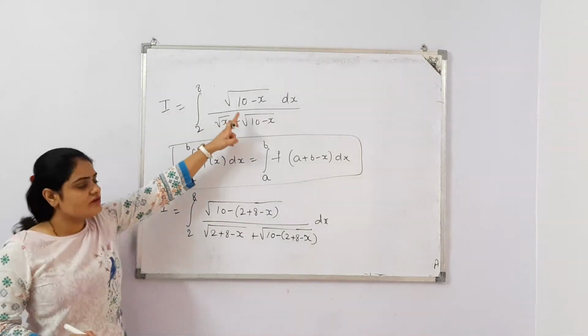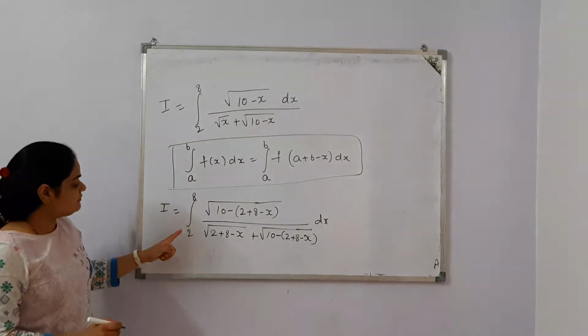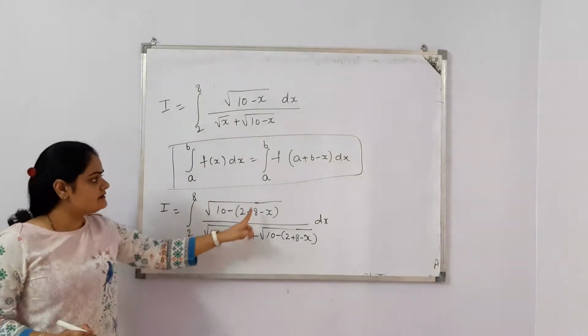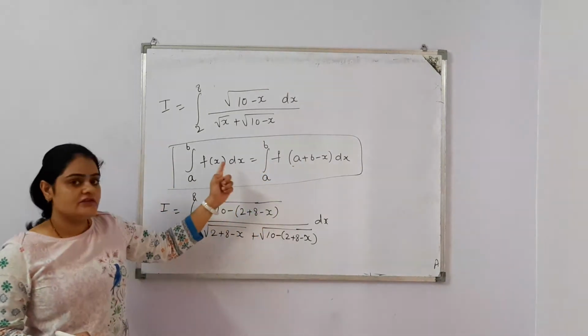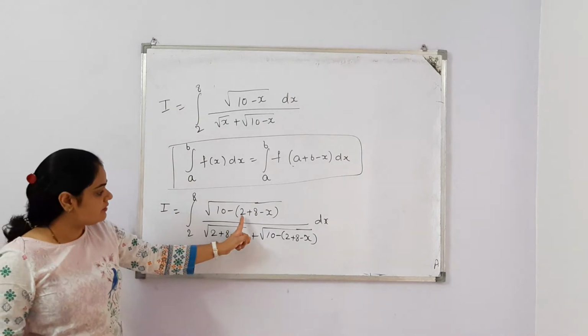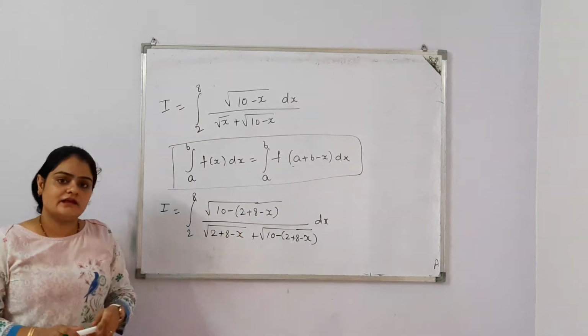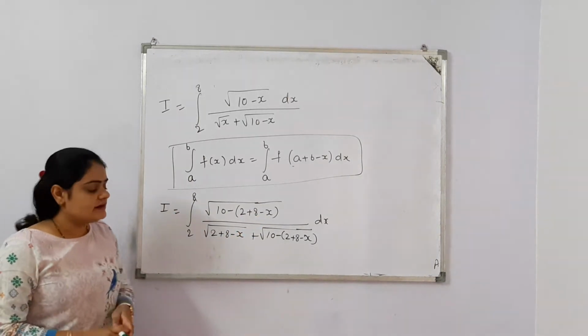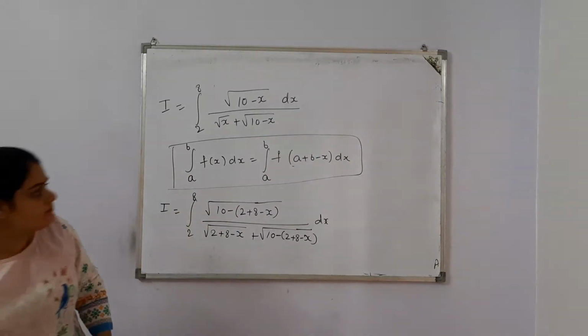So in place of x, I have written 2 plus 8 minus x, a plus b minus x. Just by using this property, I have changed this step. Hope this step is clear. Now let's solve this.